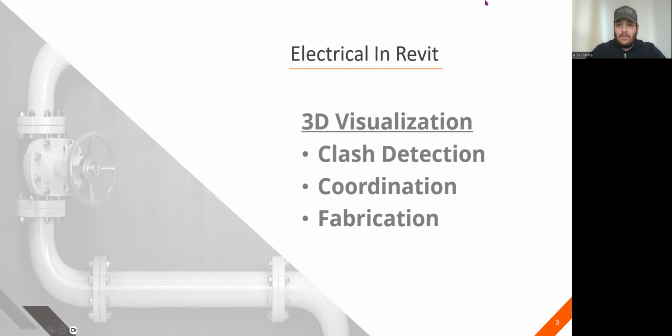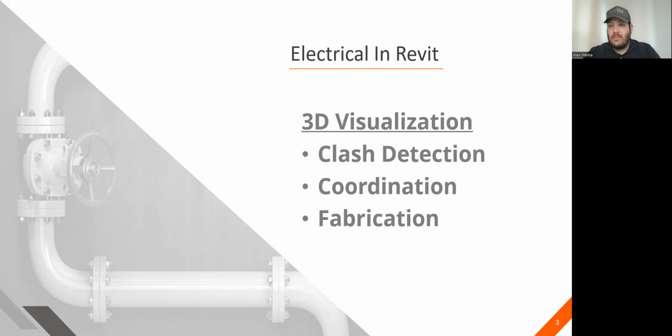To get right down to it, electrical and Revit has the benefits of 3D visualization. When you're modeling in 3D, you see better with clash detection, you have better coordination, and you can fabricate from what you see and what you put in there. With Revit and 3D modeling in general, it all depends on the information you put into that model.